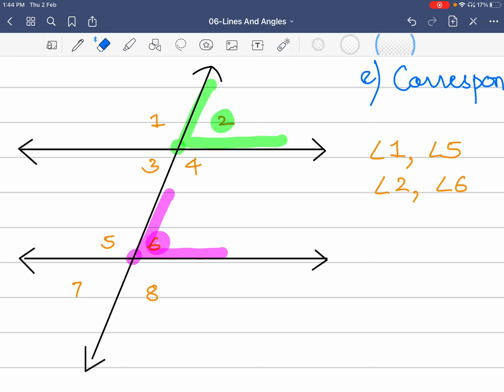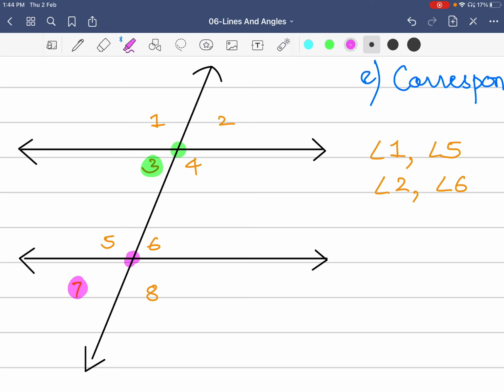Now we are going to erase this once again and follow the same drill. Let's say one person stands here, one person stands here. Let's use a different color. What do these people see when they look towards south and left side? The first person is going to see angle 3 and the second person is going to see angle 7, to the south and left.